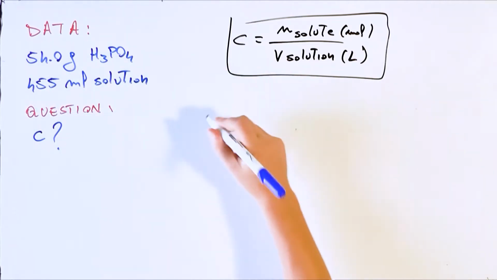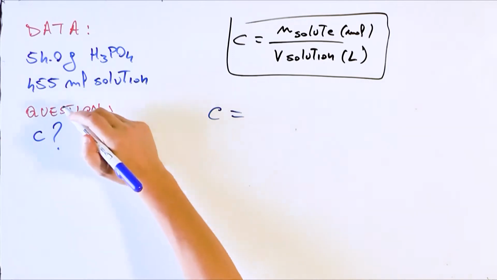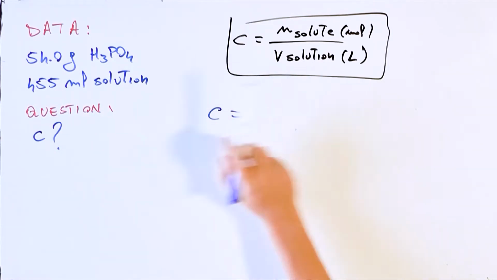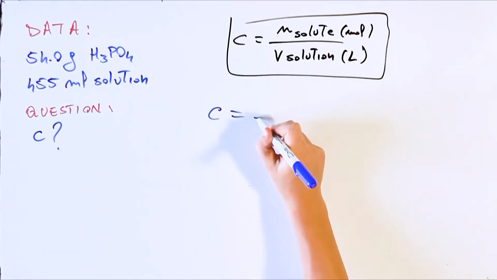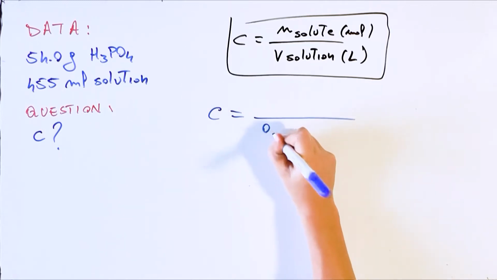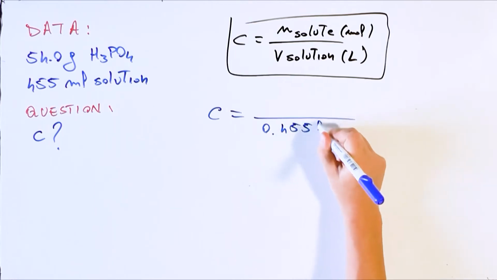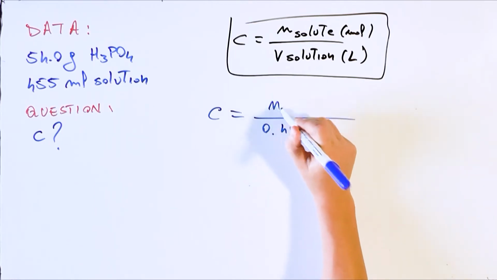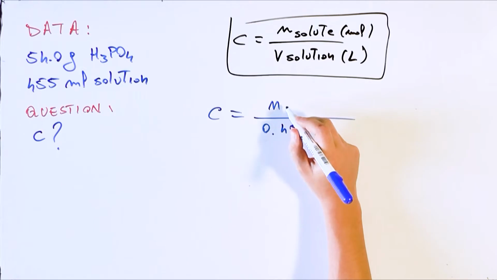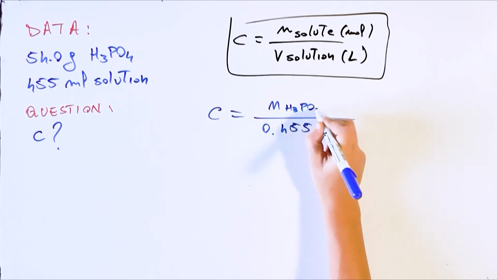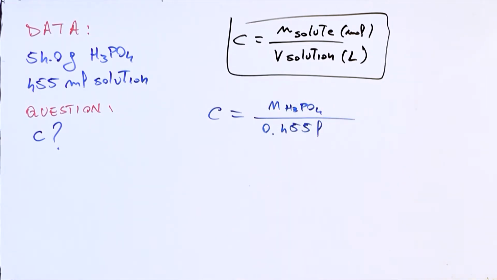It's already here. The only thing to do is to shift this from milliliter to liter just by dividing it by 1000. So it's 0.455 liters. What we do not have is the mole of solute, our phosphoric acid.